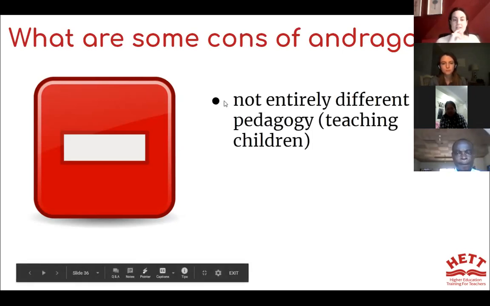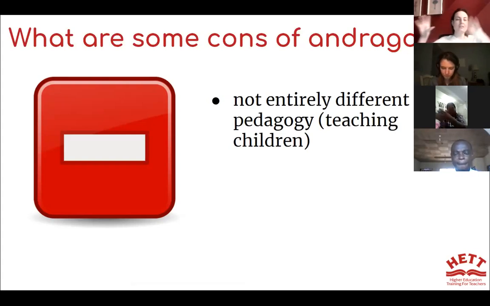One thing is that andragogy sometimes tries to differentiate how adults learn from how children learn. And sometimes there isn't a huge difference, there's more overlap. It's trying to talk about how they're different, but they're not always different. Especially if you're dealing with university students, a lot of university students aren't fully adults in a lot of ways.